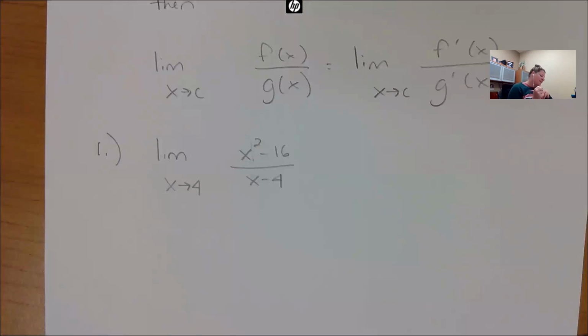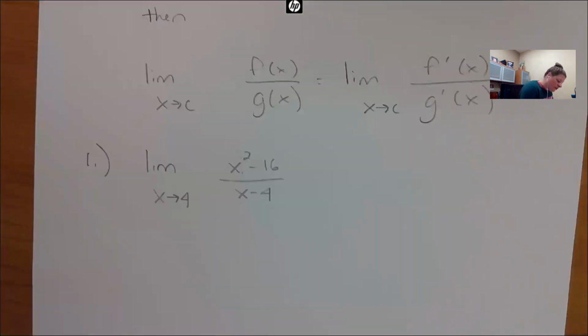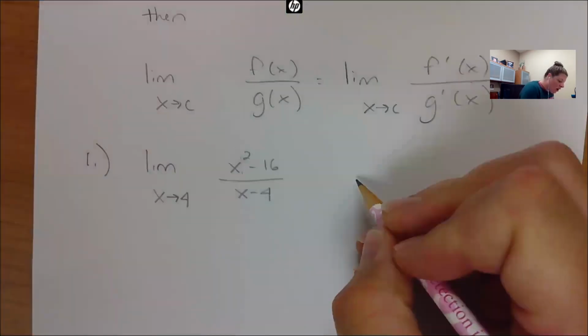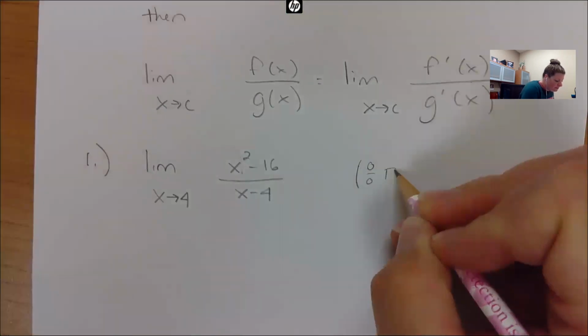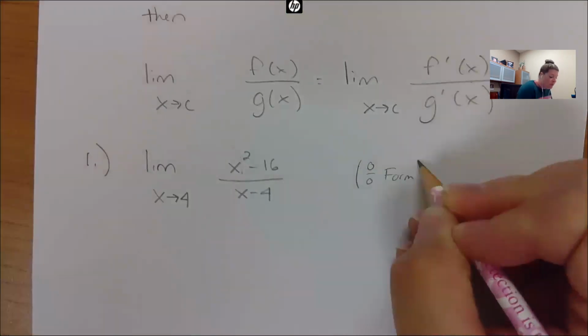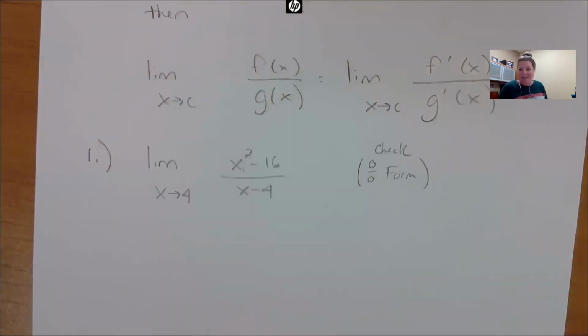Anyway, so if I right now put in my value 4, then we will have 0 over 0. So we have to check that first. And we can see we are in the 0 over 0 form. So check that, and we are. I mean, that's the whole idea here.